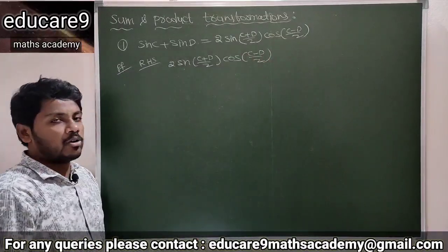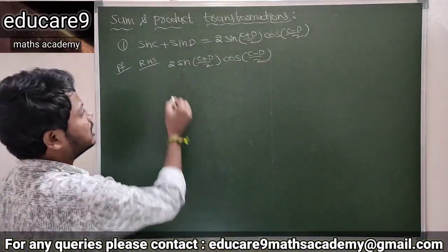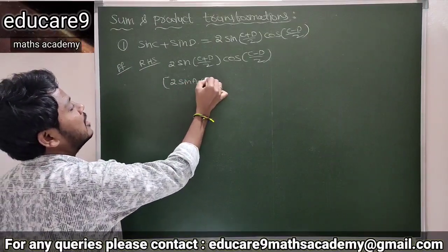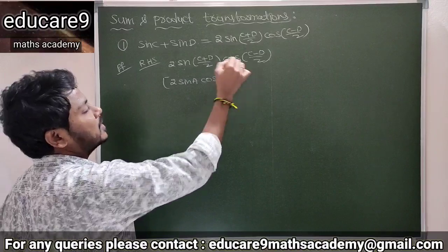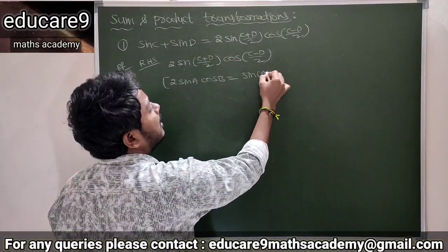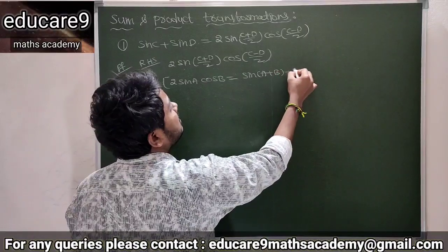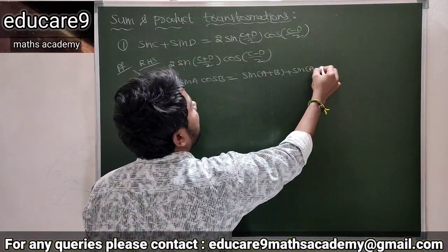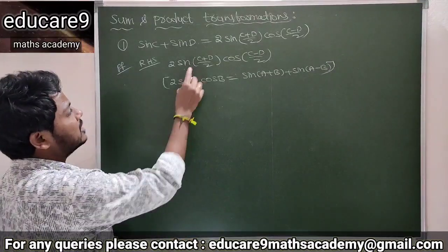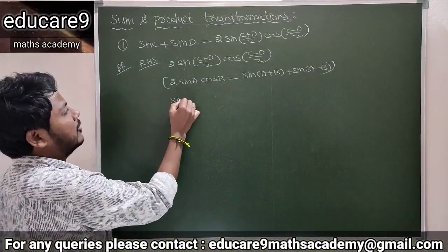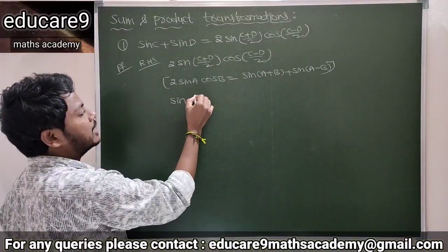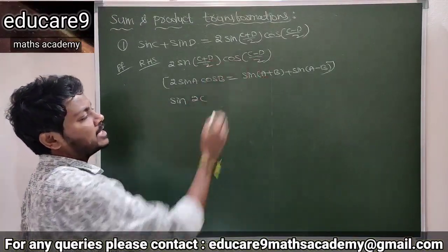So you have to apply the previous formula. So what is that? 2 sin A cos B formula. So what is that formula? Sin of A plus B plus sin of A minus B. Okay. So clearly, this is what? Sin of, we have to add these two, C plus C, you will get 2C; plus D minus D get cancelled.